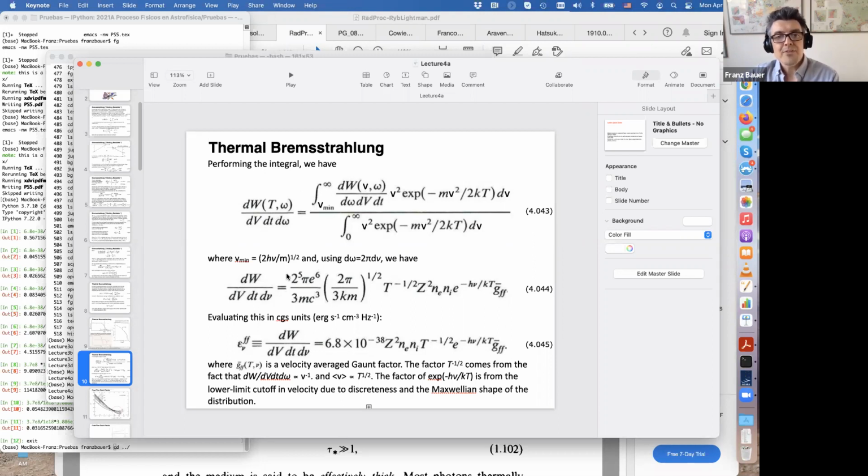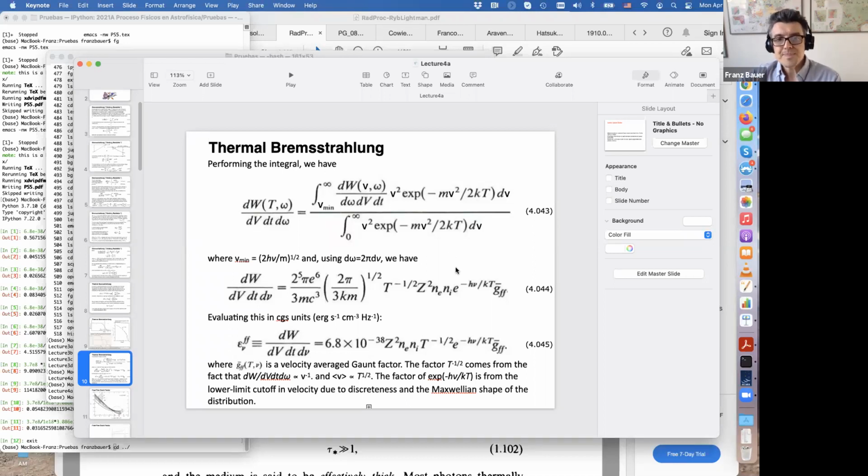And again, this minimum velocity ends up being equal to this thing. And for the frequency, we can shift and do something like this. And so in doing these integrals, we end up with something which looks rather decent.